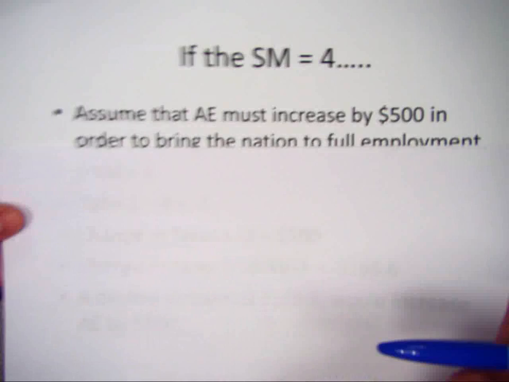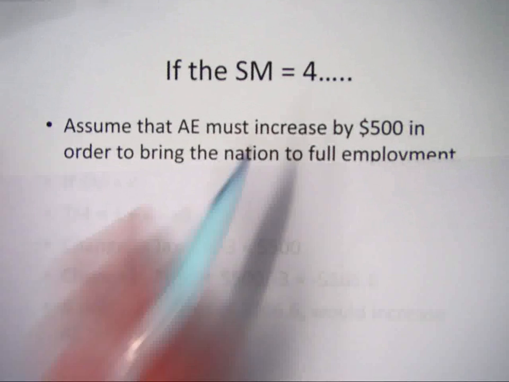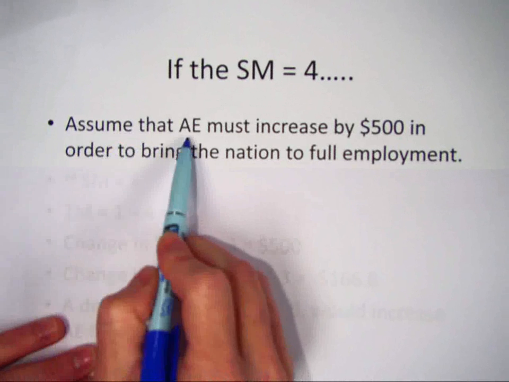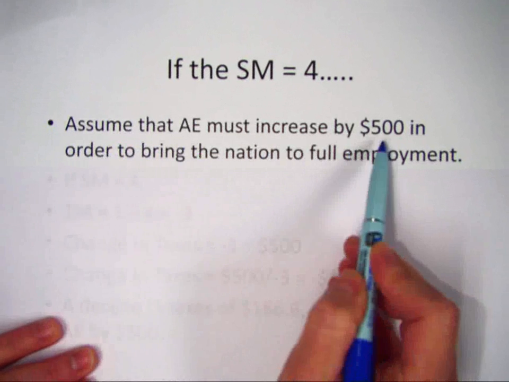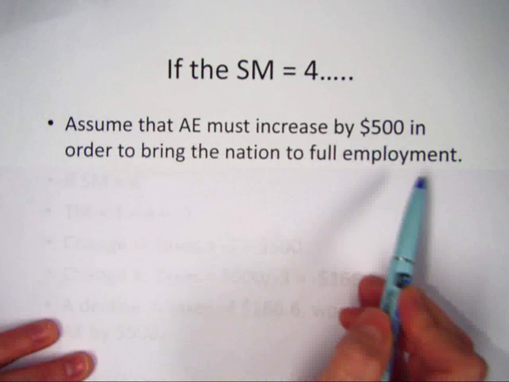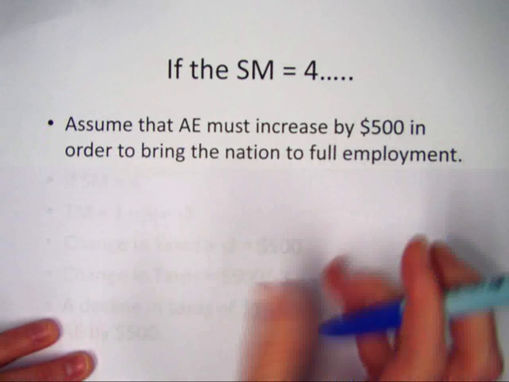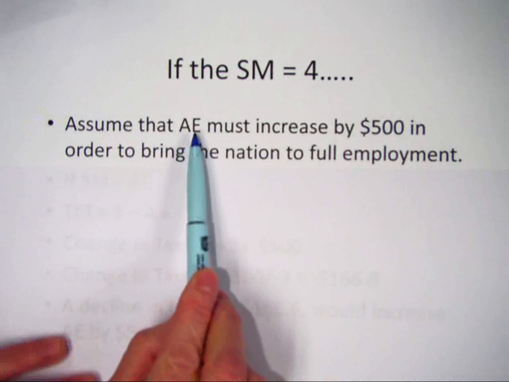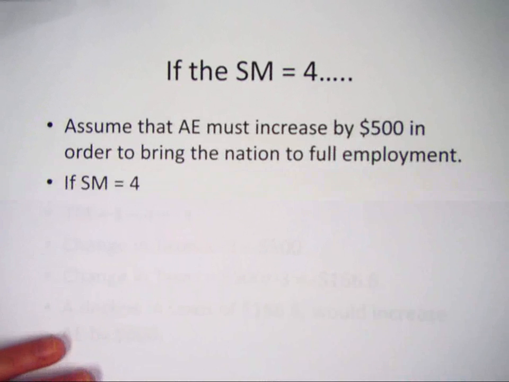Let's modify our example a little bit. Again, we're going to assume that the spending multiplier is 4. Now let's assume that aggregate expenditures must increase by $500 in order to bring the nation to full employment. In other words, to get us to full employment, we need the total C plus I plus G plus X to increase by 500.